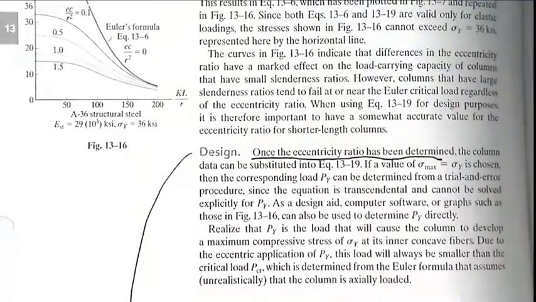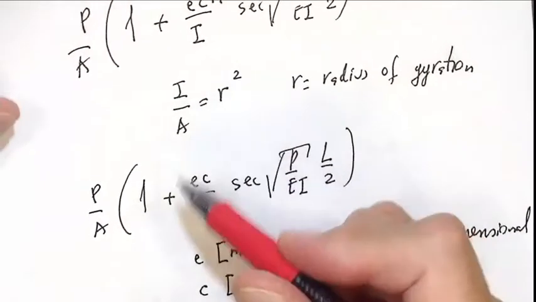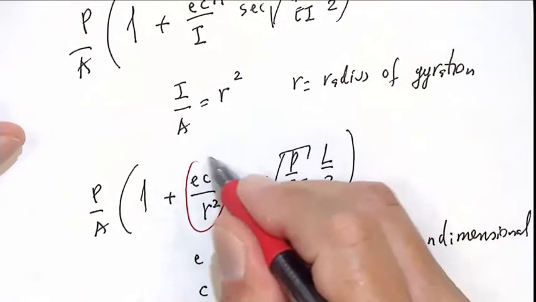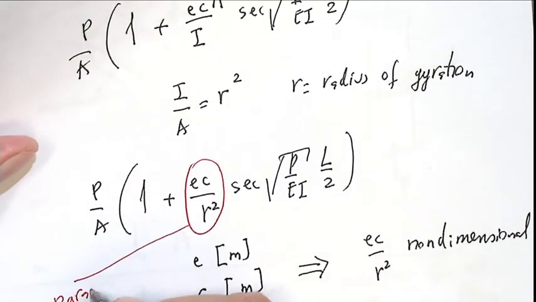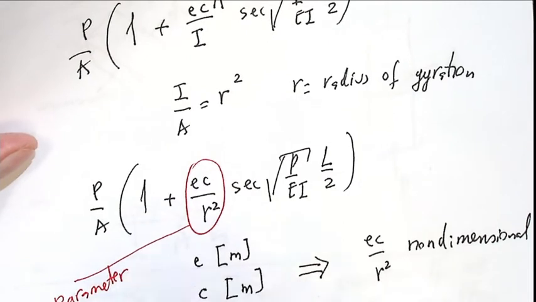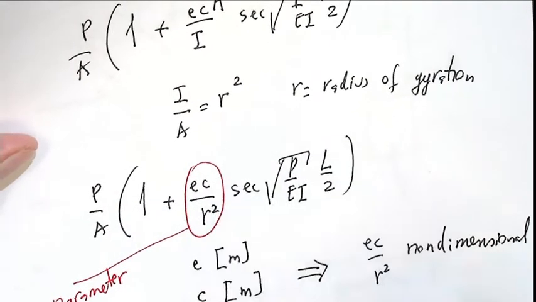So indeed, in our formula, we had ec over r squared. Okay, so that is this. ec over r squared, that is a parameter.